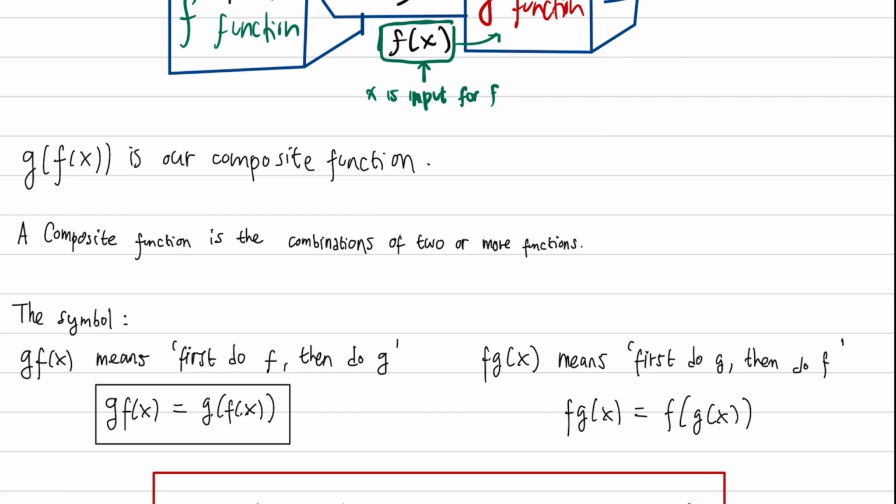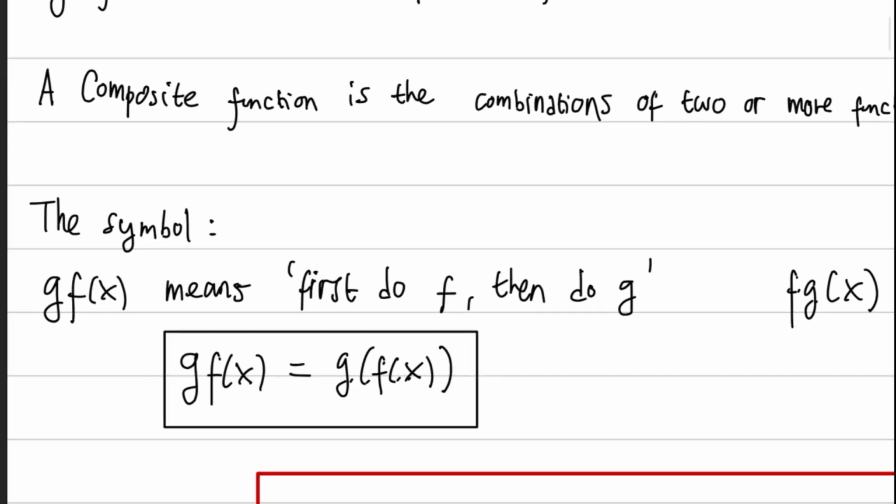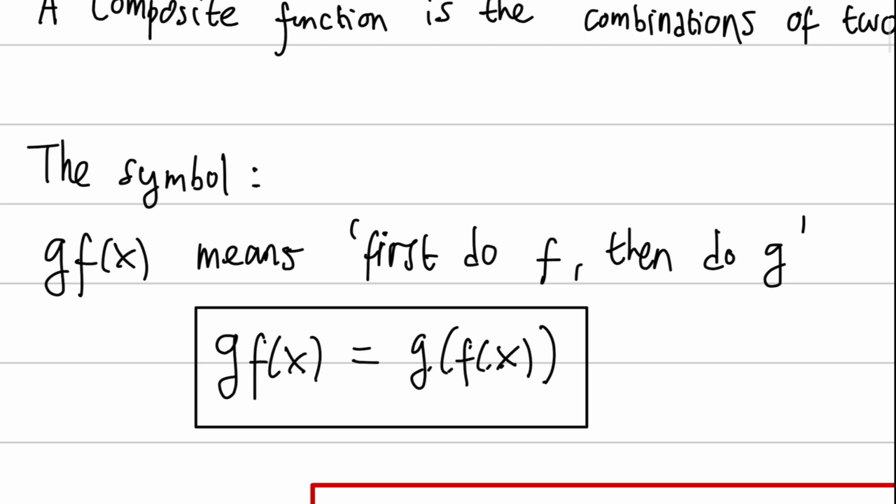So let's look at the symbol. The symbol gf(x) means first do f, then do g. We do it backwards, even though we write g first, the first function is f because we do it backwards, from the right to the left. So gf(x) means that we do f first and then g.